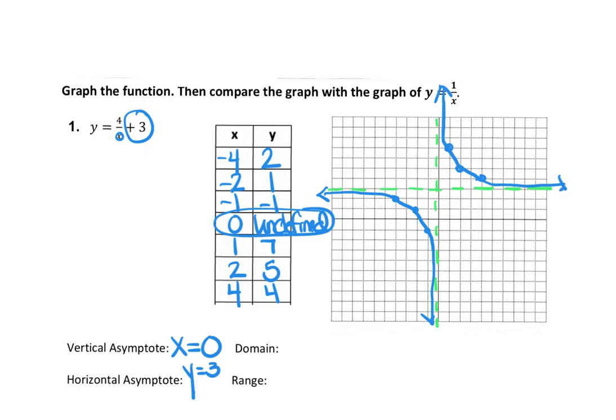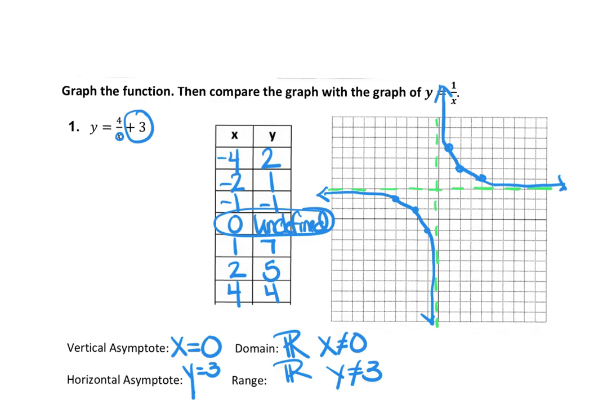All right, so our domain is all reals except x cannot be equal to 0. And then our range is all reals again, except y, oops, I should have put a not, y cannot be equal to 3, because that's where the asymptotes are, where those boundaries are on the hyperbola.